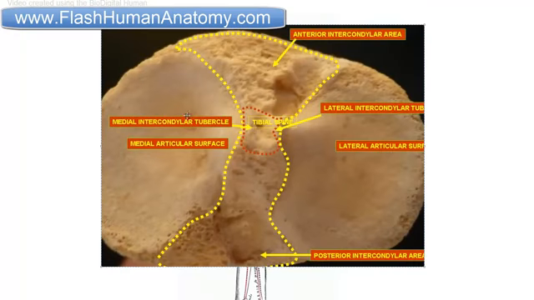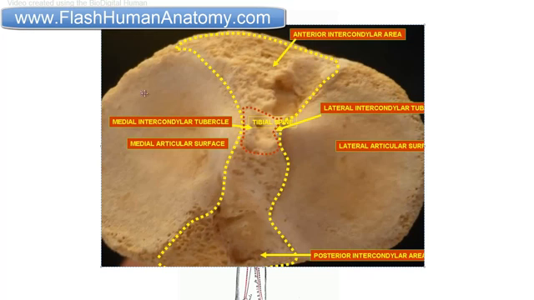Here is the tibia from above. This part here is called the tibial spine. There is a medial intercondylar tubercle and a lateral intercondylar tubercle.